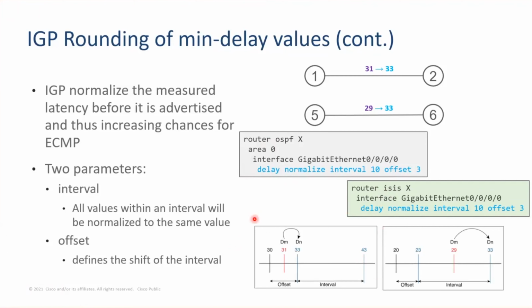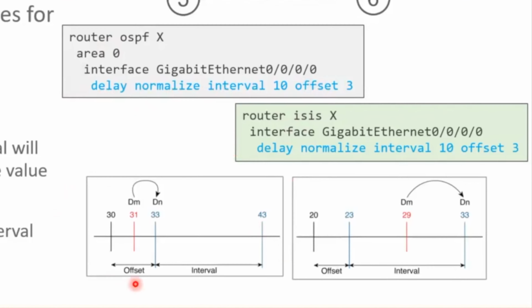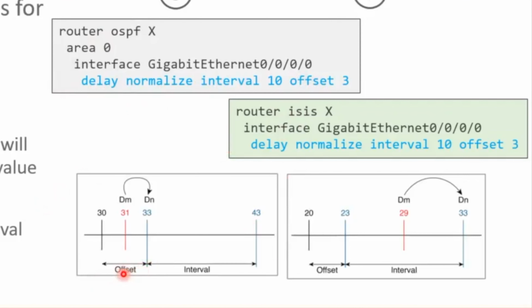In these pictures at the bottom, we demonstrate how the interval and the offset play together so that a normalized delay, d sub n, will be arrived at. So in this case, the sample with the delay measure of 31 will be normalized to the beginning of the interval from 33 to 43.